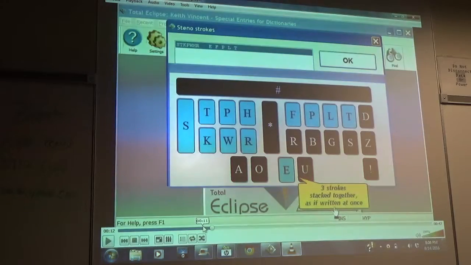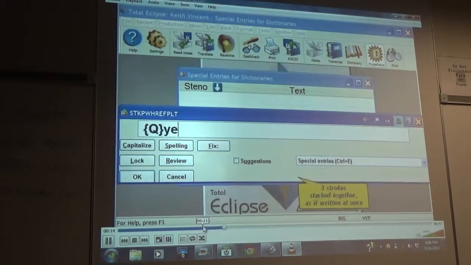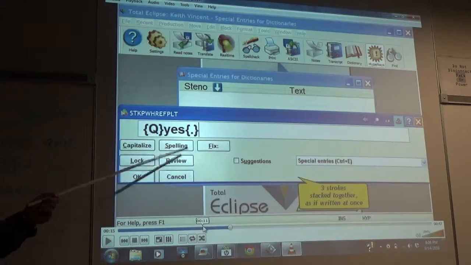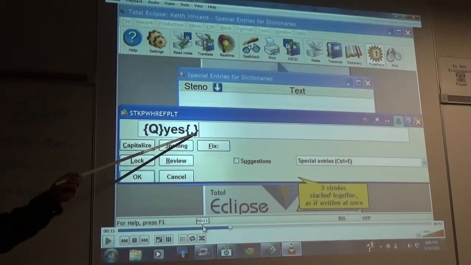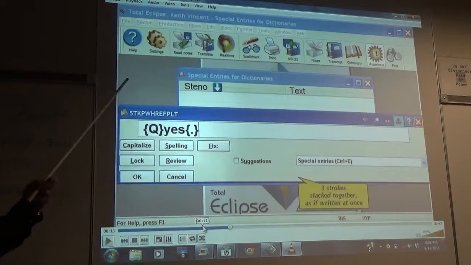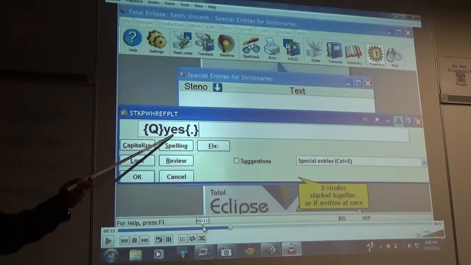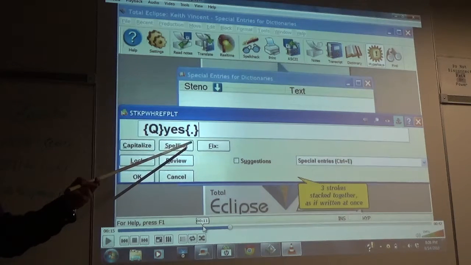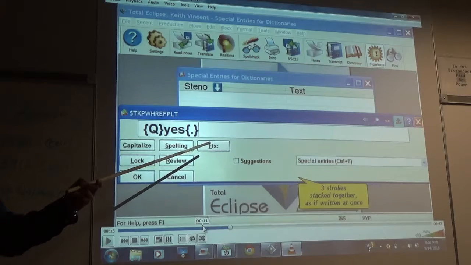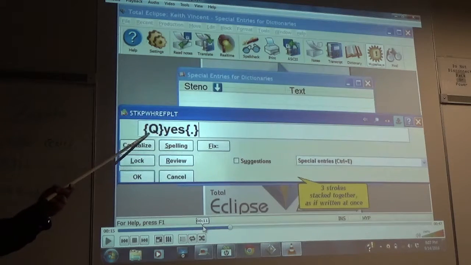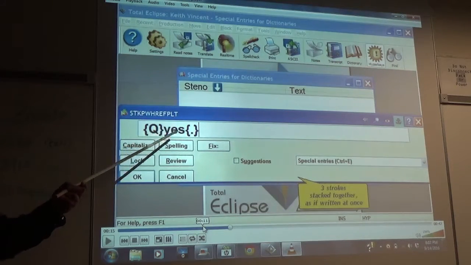Unscramble this mess. See how they did it? Question, yes, period, all in different brackets, where the yes is not in a bracket. Okay? Yes. This is saying we need to put it as a question symbol.